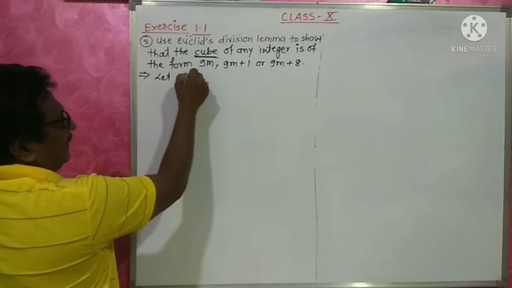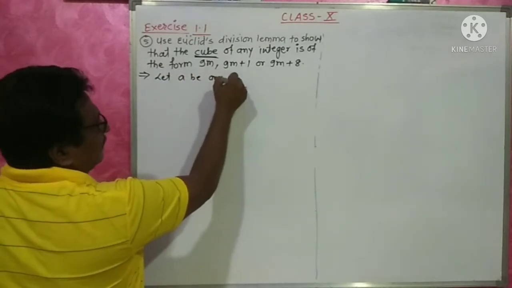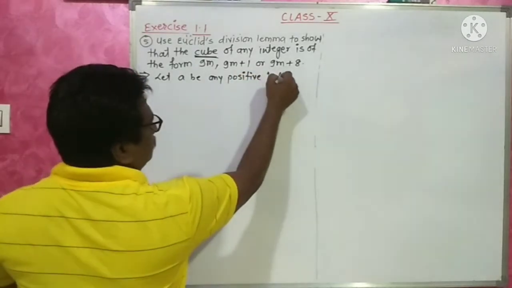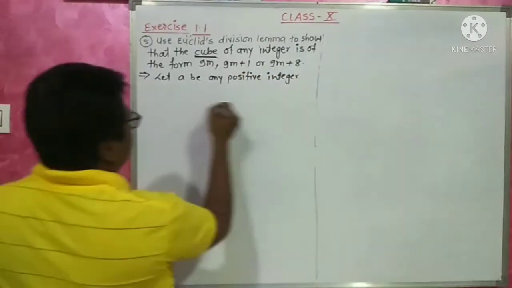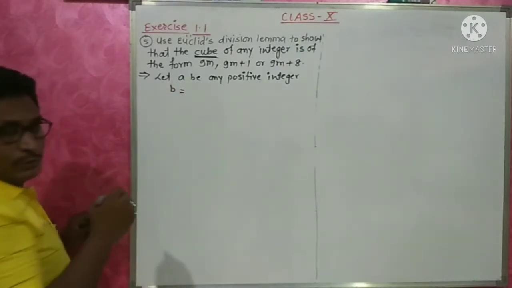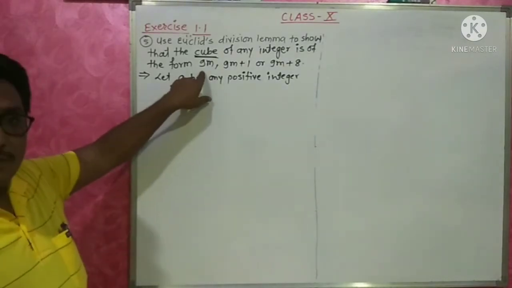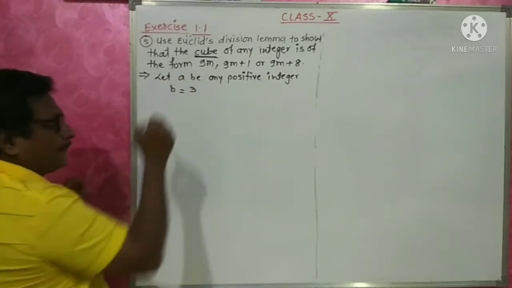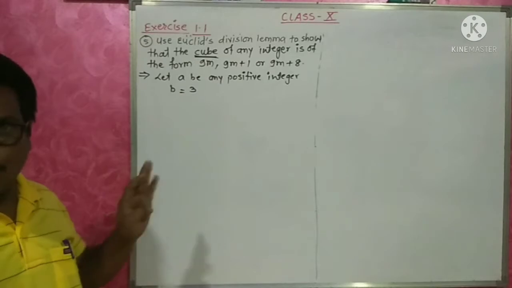Let a be any positive integer. So b equals, since 9 is a multiple of 3, we will take the value of b as 3. 9 also we can take, no problem.